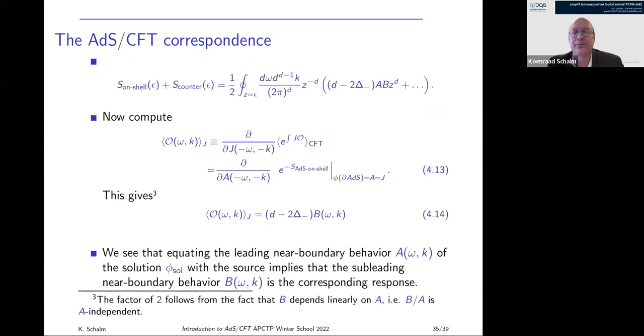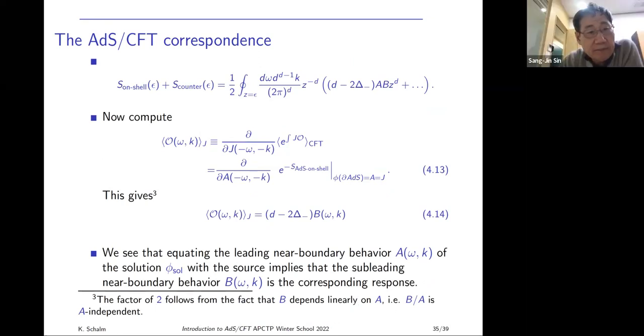When before you evaluated the 1-point function, in the 4-point, this one is finite, yes. Yes, right. And if you define the 2-point function of O as the second derivative of the initial action, which is finite, and you identify J and A, then I wonder what is the source of that infinity?